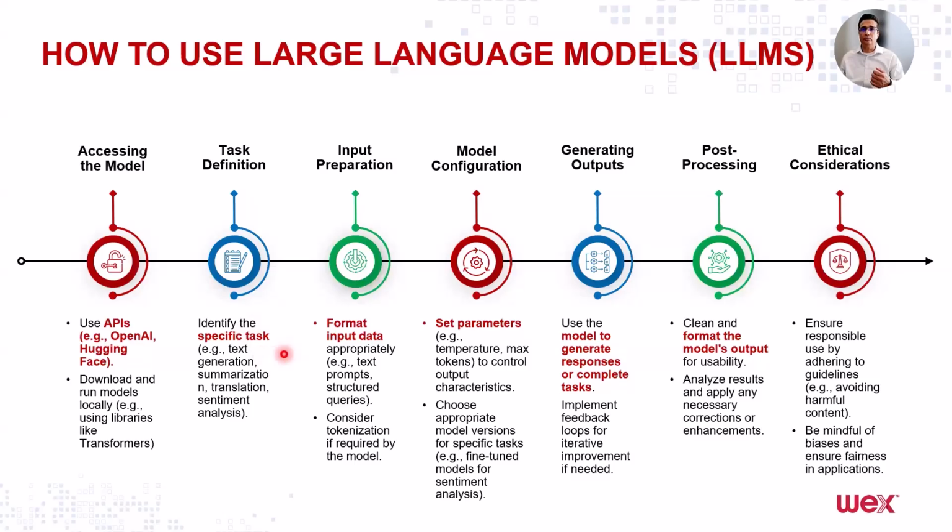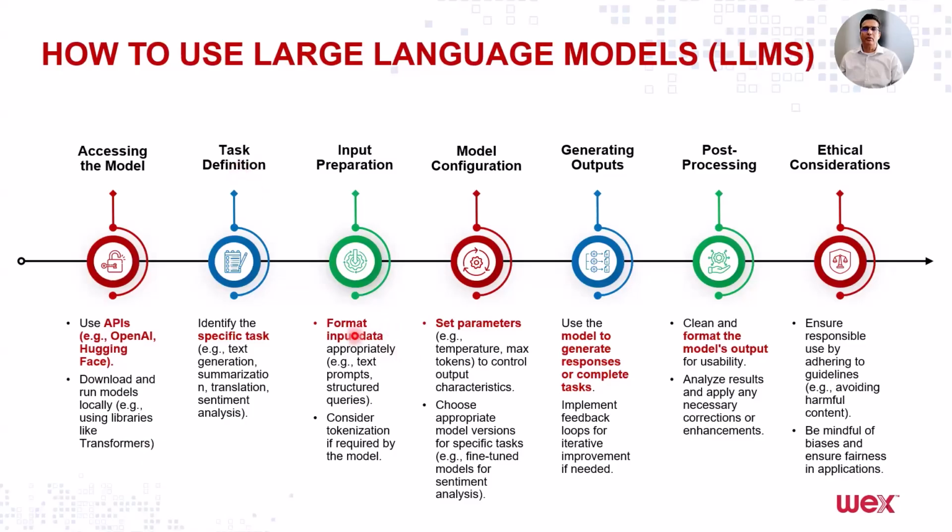Are you going to code for performing question answering, like you're building a chatbot that can answer questions for you, or are you building an application for language translation, or for summarization or sentiment analysis? Whatever task you want to build the application for, you decide what that task is.